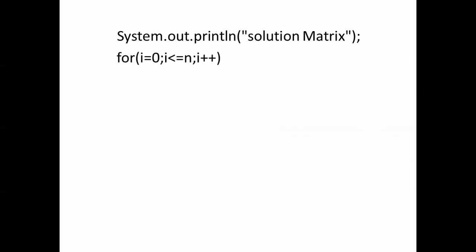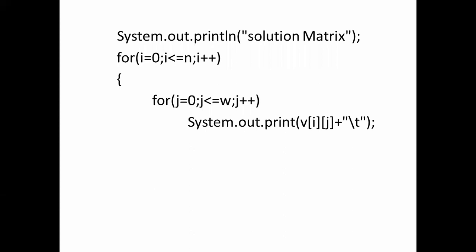For i = 0, i <= n, i++; for j = 0, j <= w, j++. In the matrix format, we are going to display. System.out.print v of i j. Here you can notice that I have not given println, I am giving print. After displaying the entire row, it has to give the new line.